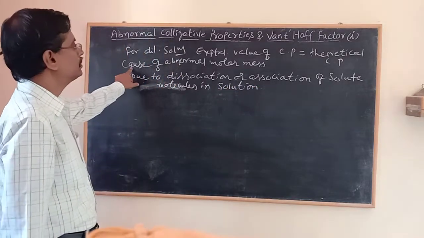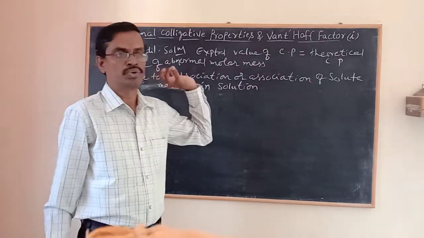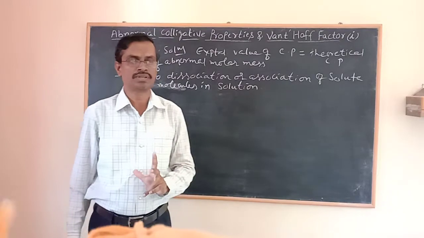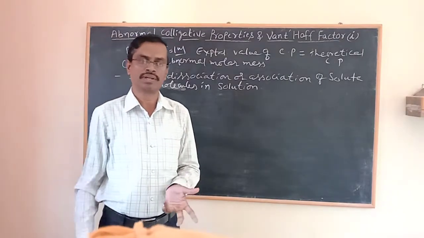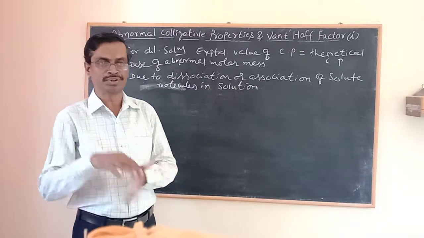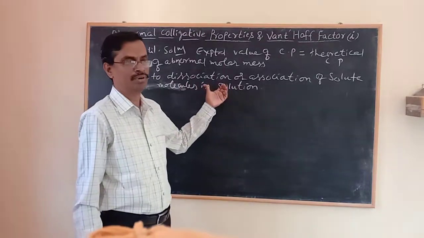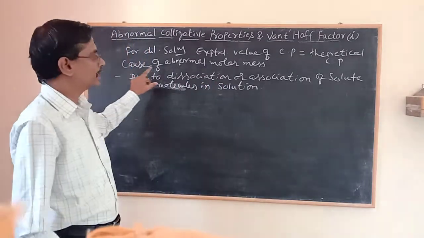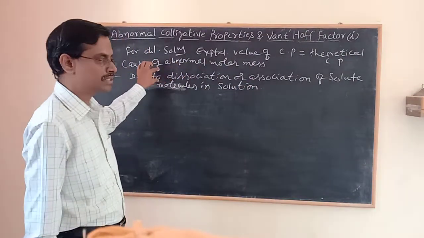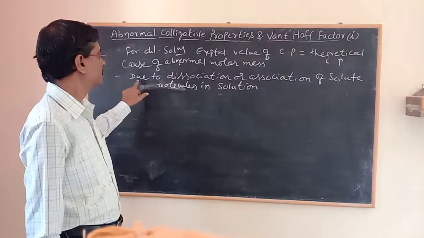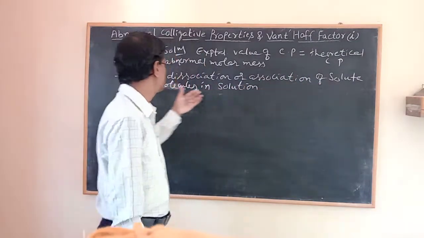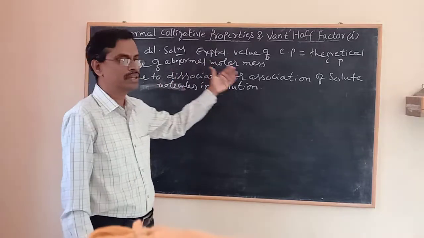That is what I have told now. Certain substances like salts, acids or bases in water or acetic acid in benzene, the experimental value is considerably different from the theoretical value, so we are having abnormal molar mass. The reason for this is the dissociation or association of solute particles or solute molecules in solution.